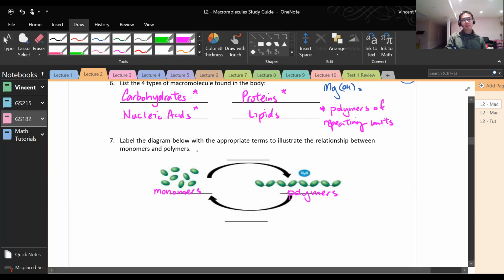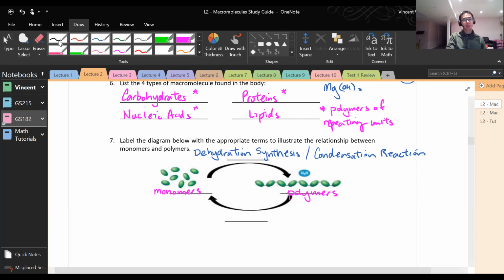In order to connect your monomers together to make the polymers, we are going to do a type of chemical reaction called dehydration synthesis. It's also okay to call it a condensation reaction. In this chemical reaction, you remove a water molecule between two monomers, and you connect them together.